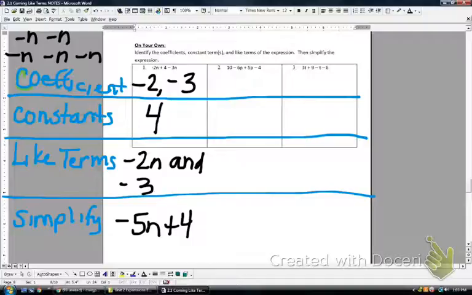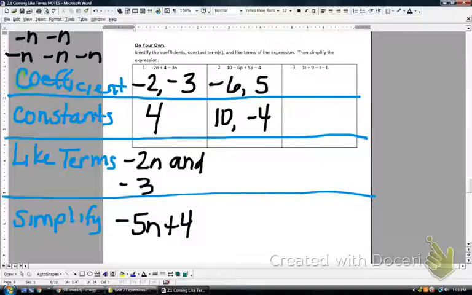Okay, let's look at the next, number 2. My coefficients are numbers that are part of the variable. So in this one, it would be negative 6 and positive 5. I don't need to write the plus sign because it's understood to be positive. Then my constants are terms that don't have variables attached to them. So in this example, 10 and minus 4 or negative 4, it's the same thing, are my constants.